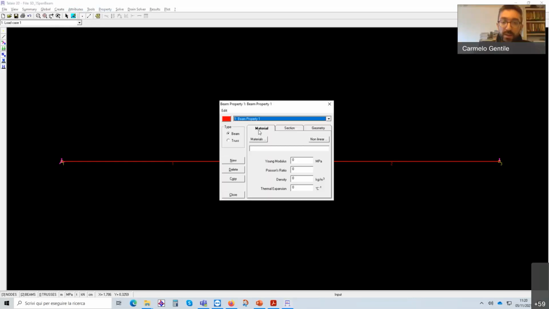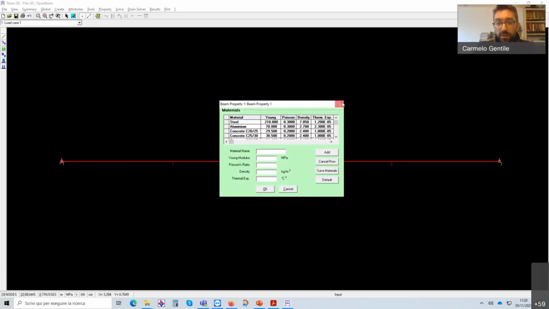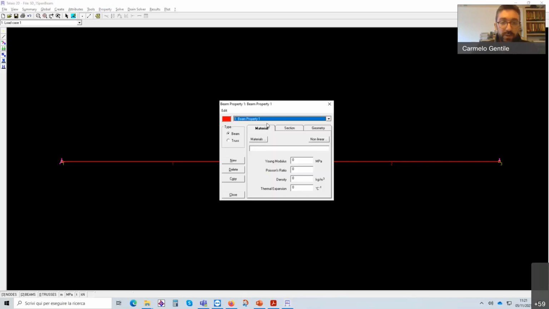In property, we can set the properties of materials, of section, and geometry. So basically, for material, we can just select. Sorry, I did it too quick. If we go on material, there is a little button here we can toggle.